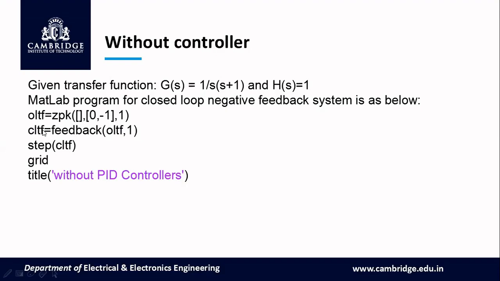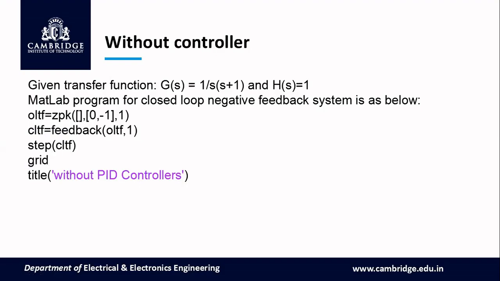Next, for the closed loop transfer function, you will have one feedback, that is H(s) equal to 1. So feedback of the open loop transfer function, comma, your feedback H(s) is 1. Here the input signal is step, so you write step of this closed loop transfer function.